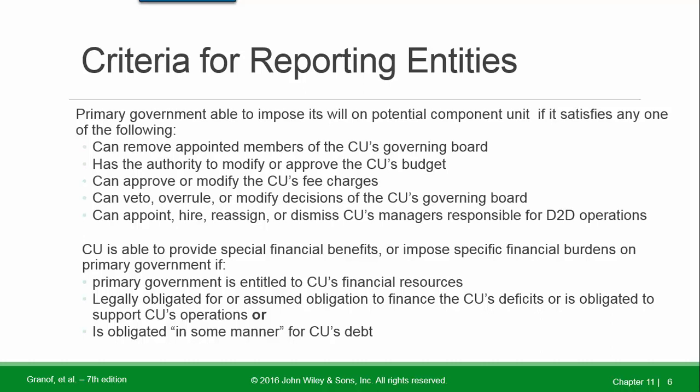So you can see as you look at these five items, it is obvious that these are indicators that the primary government is able to impose its will on this potential component unit.